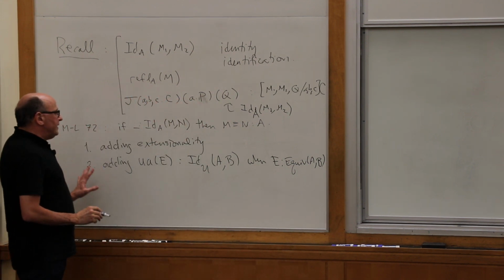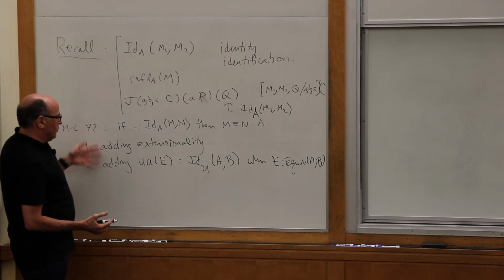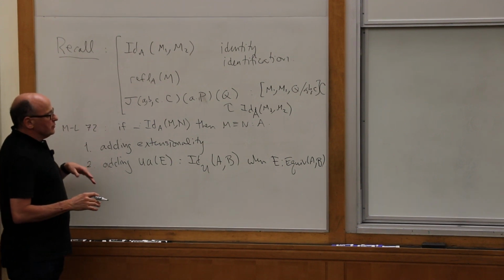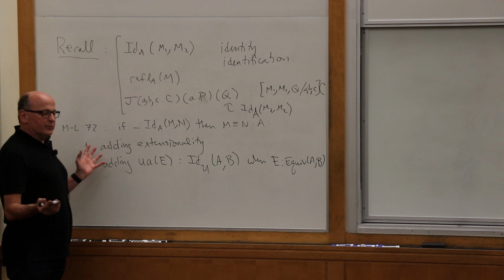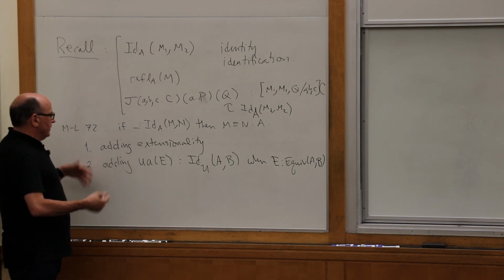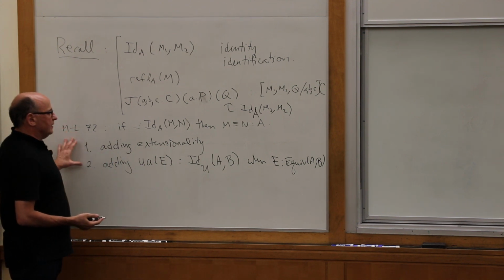We added these things in, and for many purposes that's a fine thing. You can treat type theory as any other axiomatic theory and not care about the computational meaning, and then as far as I can tell, you're okay if you do that.